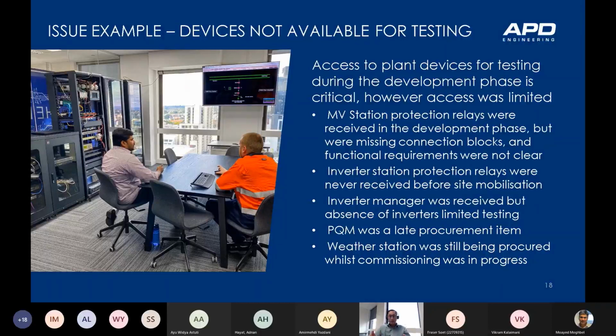Ideally you should have the most important component, the site gateway, as we mentioned before, available in the lab for offsite configuration and testing. But to ensure that it will do its job right on site, it's ideal to have the partner devices that it's going to be talking to available for testing as well.